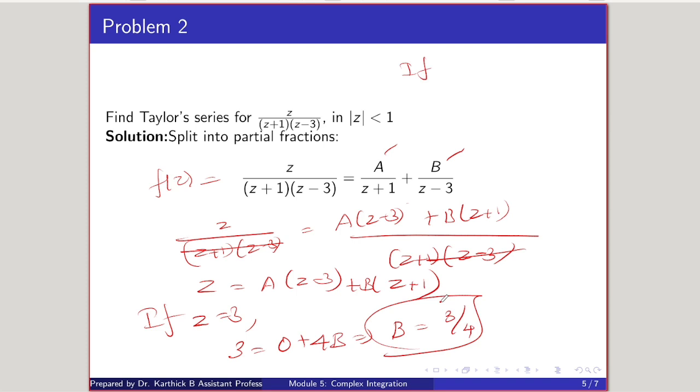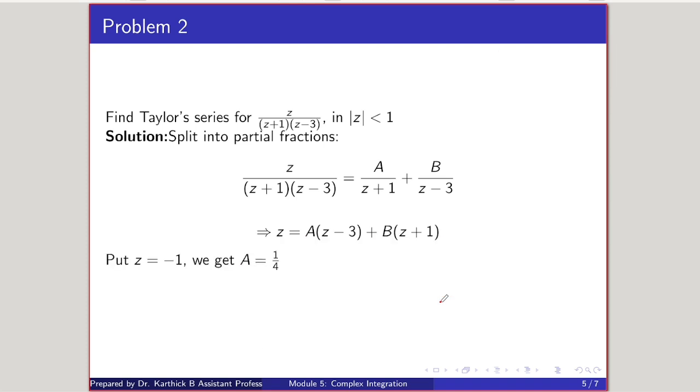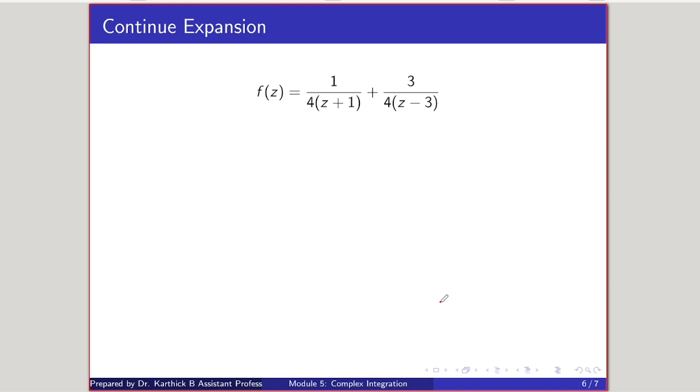If I choose z equal to minus 1, then what will happen? Minus 1 equals A into (minus 1 minus 3), which becomes minus 4, plus 0. So A will be 1 by 4. So 1 by 4 and 3 by 4. Okay, so now we can substitute the values of A and B.